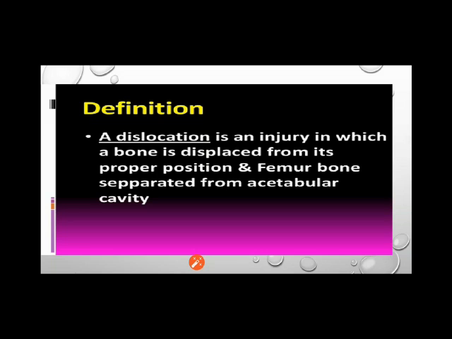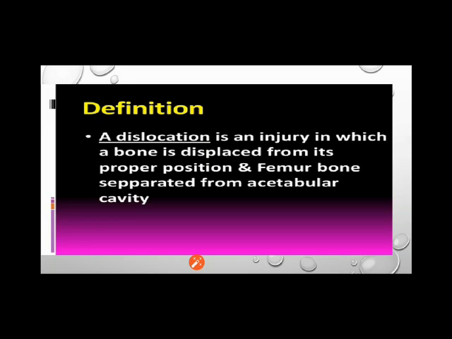The femur cannot be set up into the acetabular cavity. This is because of a complete or partial development problem, we can say. So the femur comes off completely or partially from the acetabulum. So this is a condition related to abnormal development of the hip.